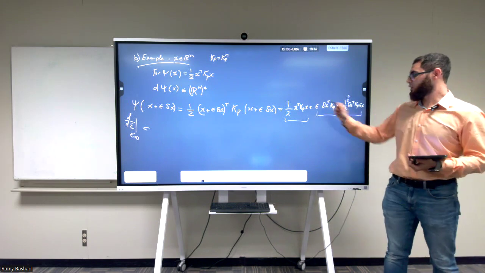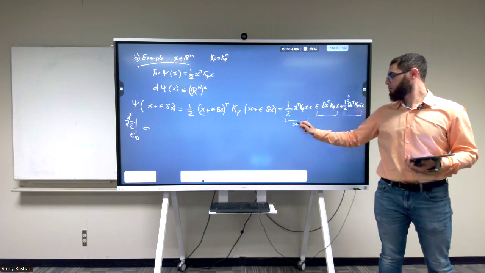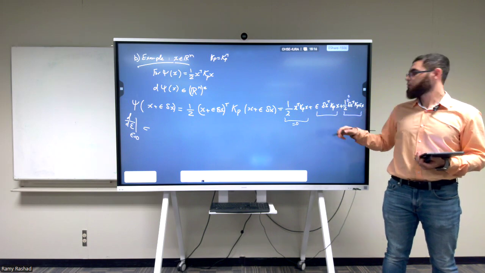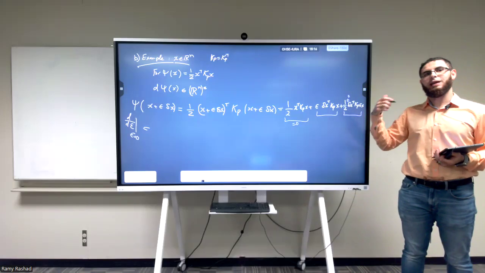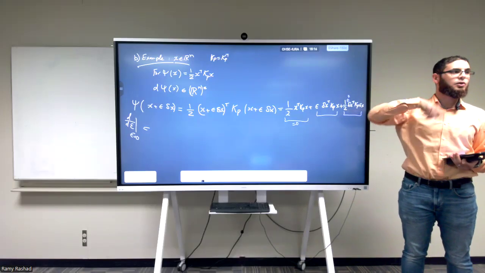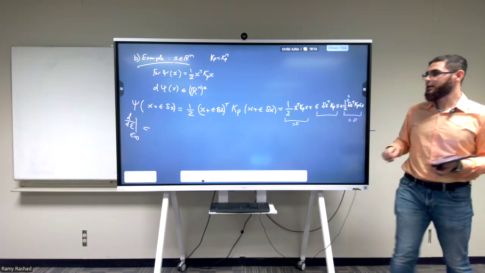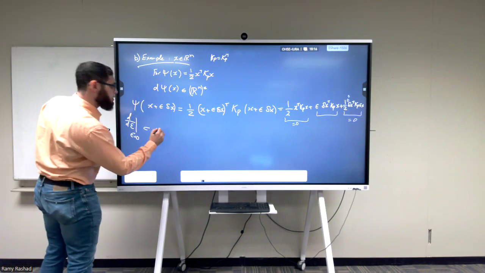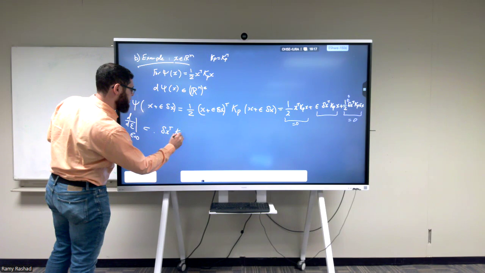What happens when you differentiate this with respect to epsilon? You get the same term without the epsilon. What happens when you differentiate this with respect to epsilon and then substitute epsilon to be 0? So in the end, this is equal to delta x transpose kp x.